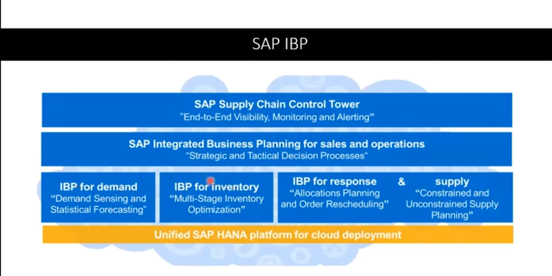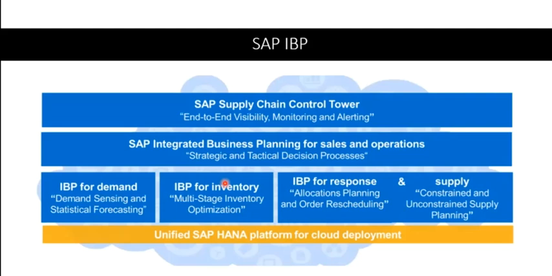Apart from this, the next module is inventory. Inventory as a separate module was introduced for the first time in APO. Some safety stock planning was there, where we could calculate advanced safety stock, taking inputs like replenishment lead time, service level or forecast error.